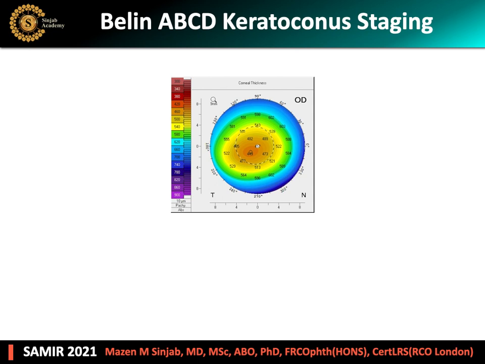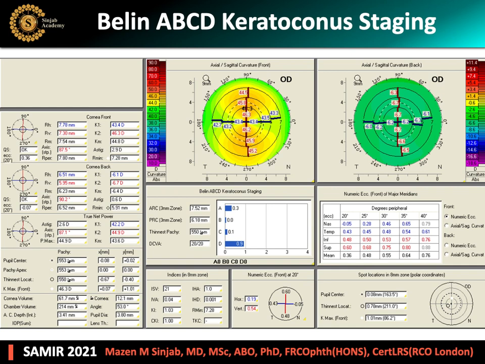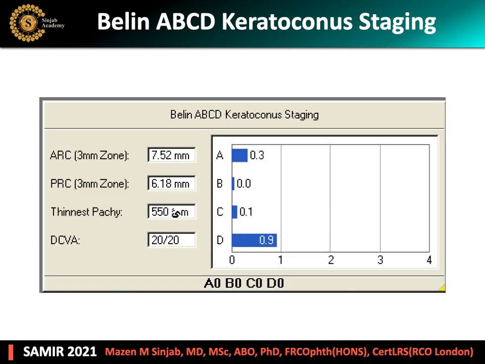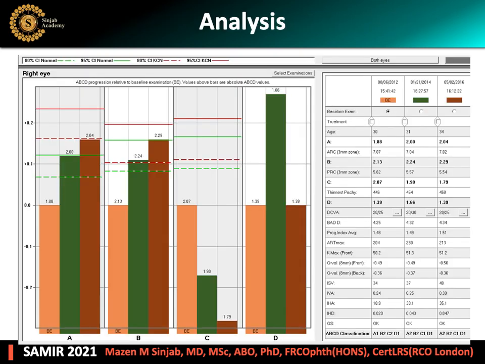It describes the changes that occur in the zone surrounding the thinnest location, including the radius of curvature, which becomes shorter in progression, and including the thinnest location and the visual acuity changes. And then it gives a stage, and if the stage gets higher, then there is a progression.